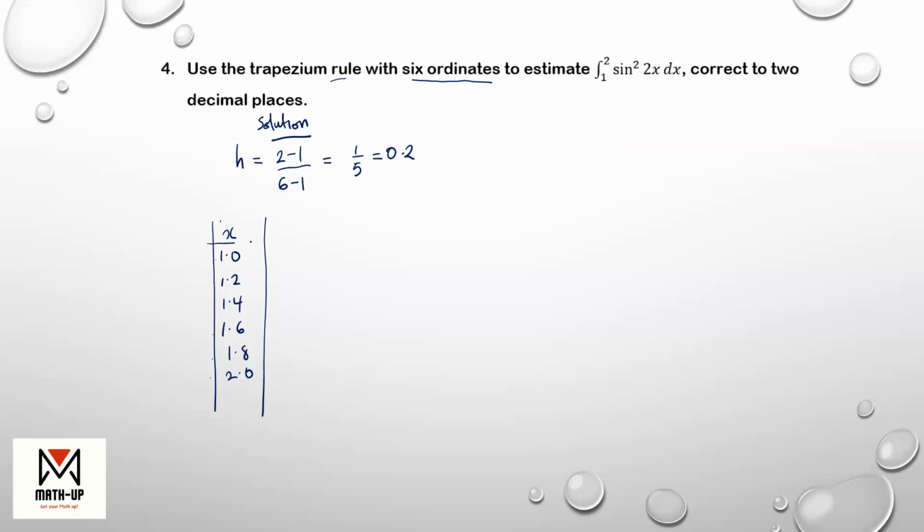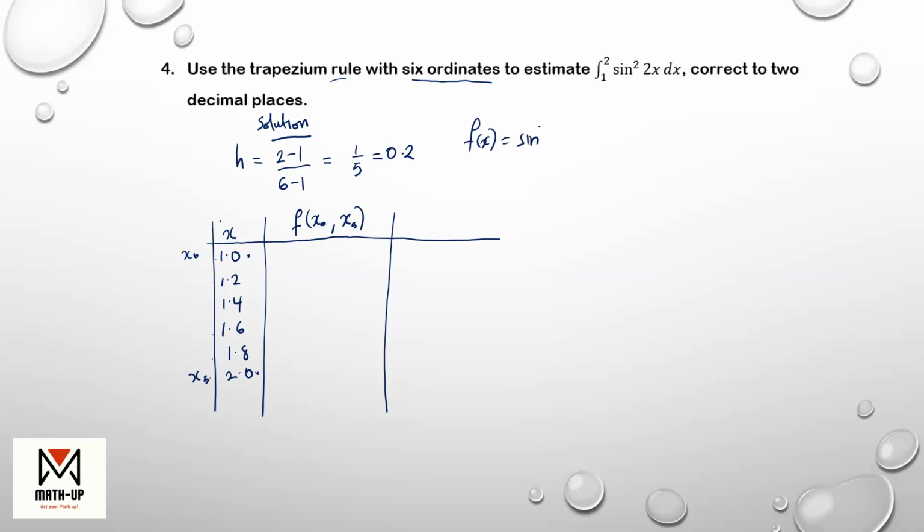So we are going to have a column for the first and last value, in other words 1.0 and 2.0. Let me call these f of x0 and x5.